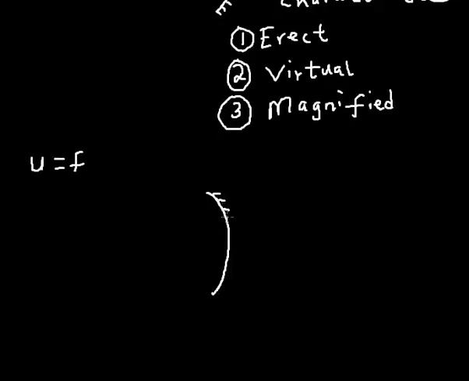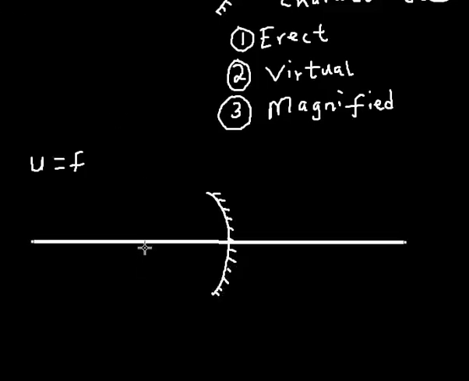Let's draw the ray diagram of that. Now we have my principal axis, then I have the principal focus, center of curvature, and the pole. Then I'm placing the object here. I draw the parallel ray.